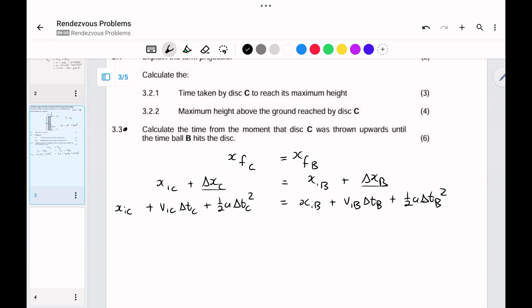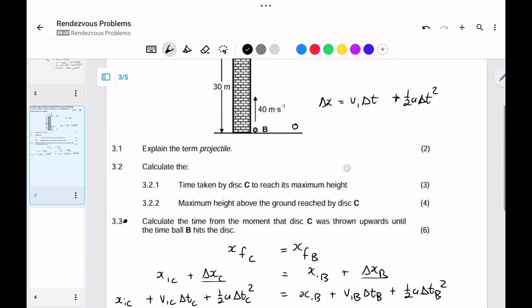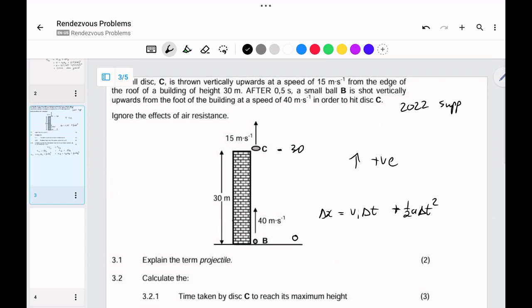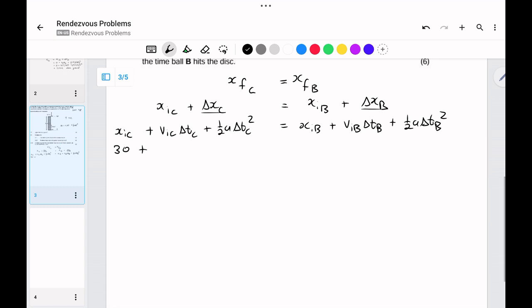And now I would like to substitute some values. What's the initial position of C? We said that's 30. The initial velocity of C is 15 meters per second upwards. Up is positive, so this is positive 15 times delta t C plus 1/2 times minus 9.8. Why minus?